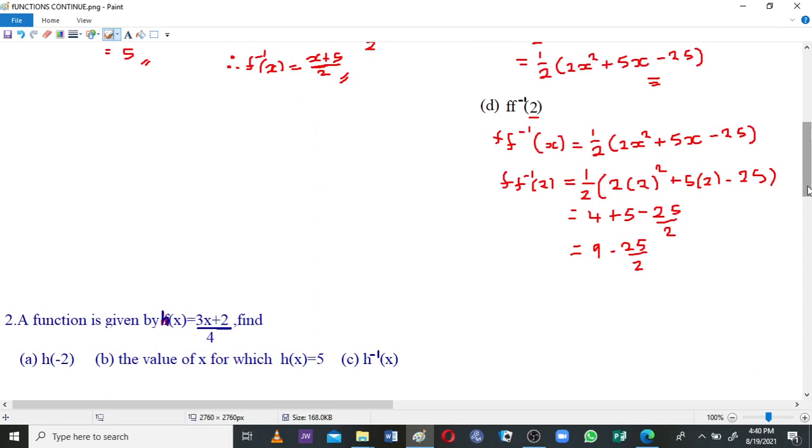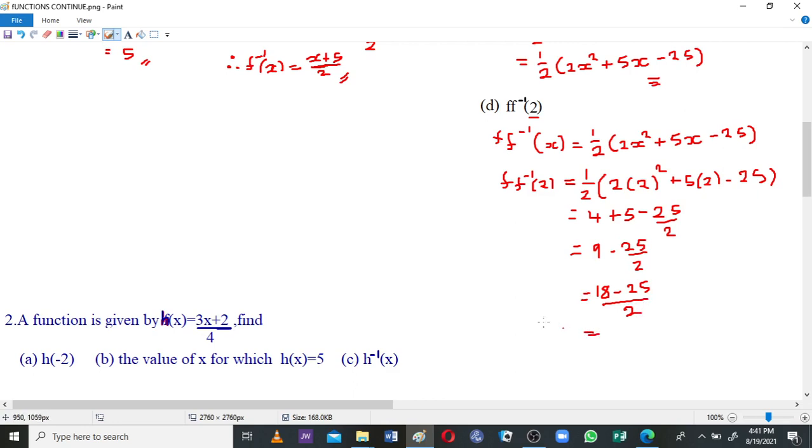If you do that, you're just going to have 18 minus 25 there over 2, right? I'll make sure I confirm this, but this is what you should get.